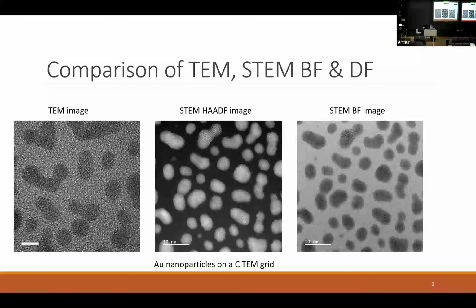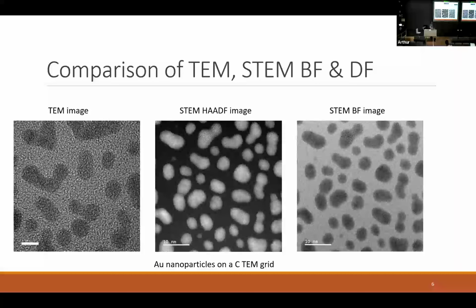Then if we take that same sample and put it in STEM mode in the microscope, we get the two images on the right-hand side. We can look at the straight electrons, which have gone straight through the sample. That's the bright field image, and it's going to look very similar to our TEM image, but you'll see we get a little bit better contrast.